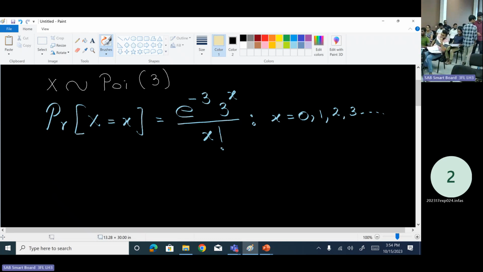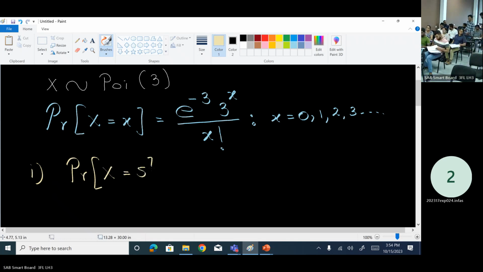So first part, probability X equals 5. So we take this expression, substitute 5. Evaluate. So we learn how to evaluate. Get the answer to 4 decimal places properly rounded.